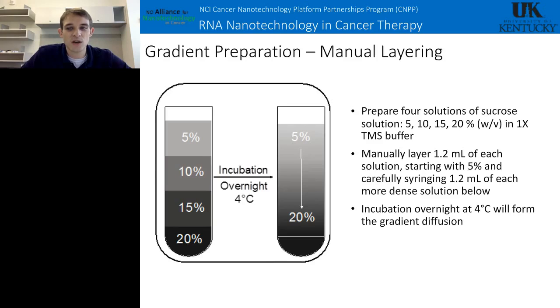This helps to keep your resolution in between the layers of your 4 different density sucrose solutions, because it's important to keep the solutions separate. So you need to pipette slowly and take care when you're doing this. Then to form the gradient, you'll incubate at 4 degrees overnight, and all your layers will slowly merge together to form a continuous gradient.